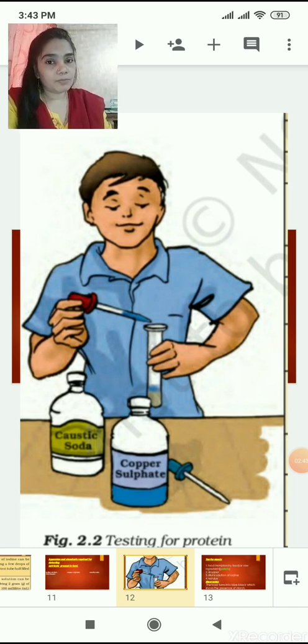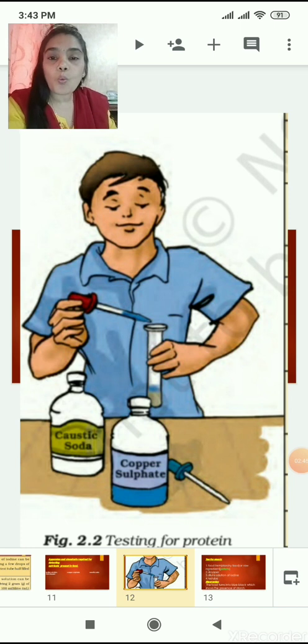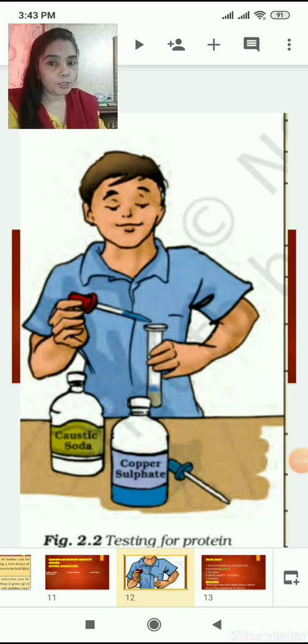Which food item contains starch? First write in your notebook, test for starch. I told you already to write the date, heading, everything. So the first test is, write it, test for starch.